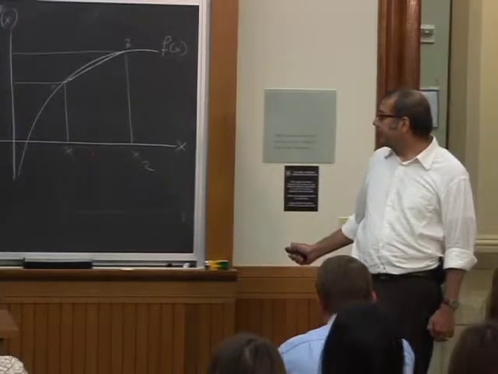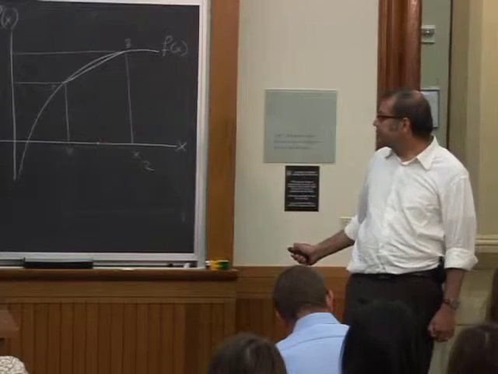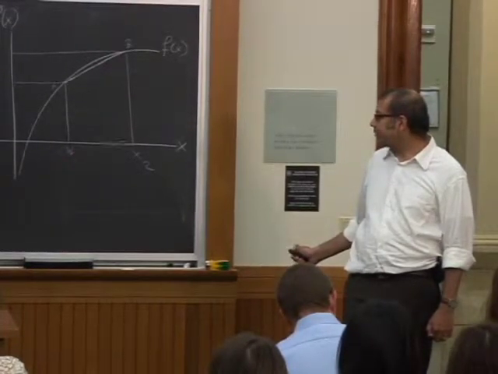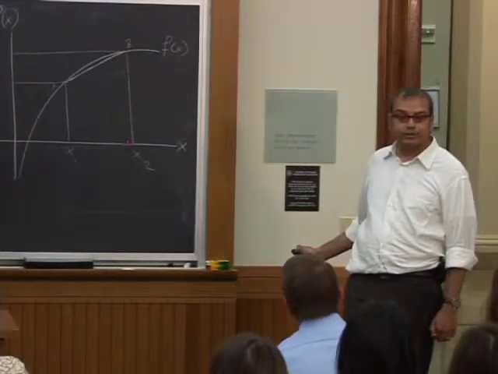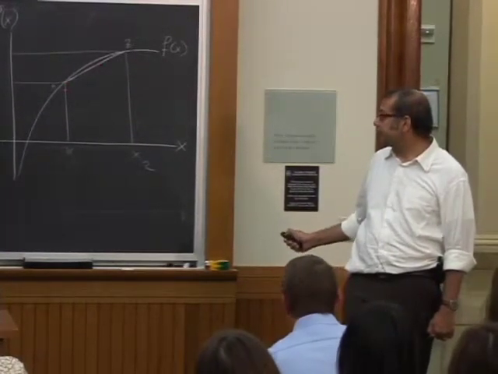So here, for a concave function, the function evaluated at some average of x1 and x2 is always going to be higher than the average of the functions.